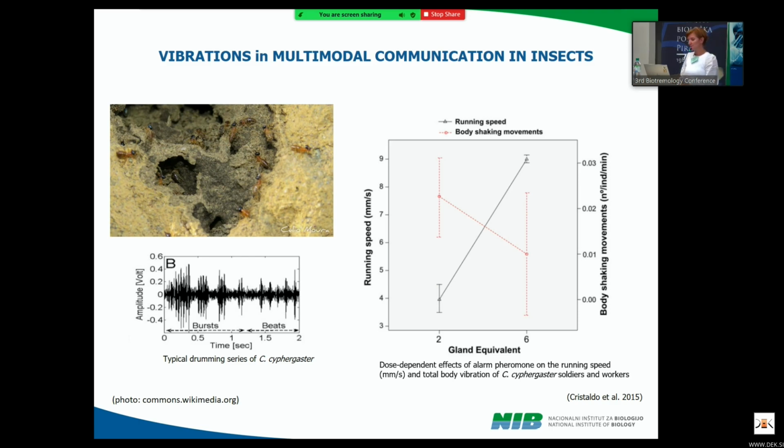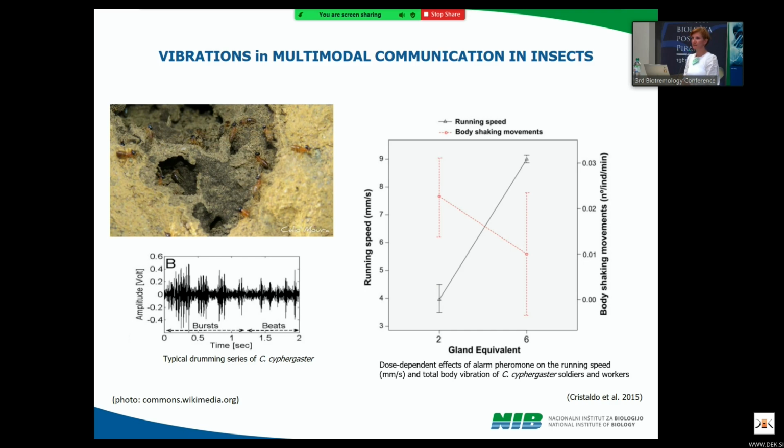With this really quick look at insects and vibrational communication, I presented, like I said, only a few examples of bimodal interactions, but of course we all know that insects use more than 2 modalities.